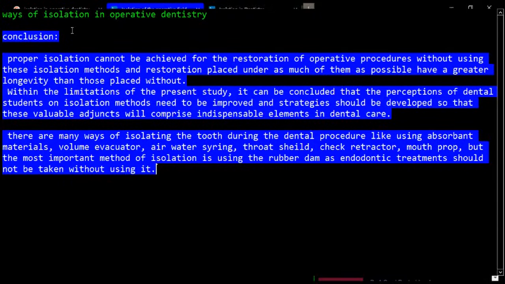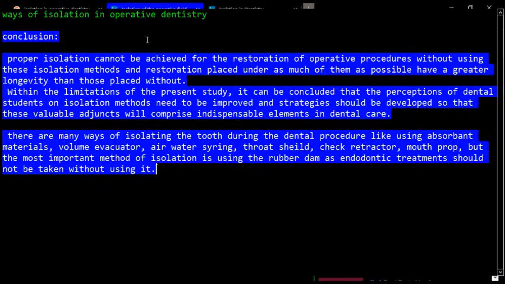Proper isolation cannot be achieved for the restoration of operative procedures without using these isolation methods. And restorations placed under as much of them as possible have a greater longevity than those placed without.